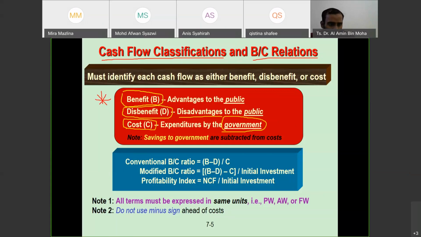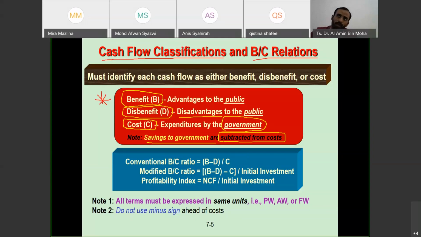And we have a note here: savings to government are subtracted from cost. So we need to remember this as well. Let's say the cost for the government to build a project is 1 million. So the cost would be 1 million, right?